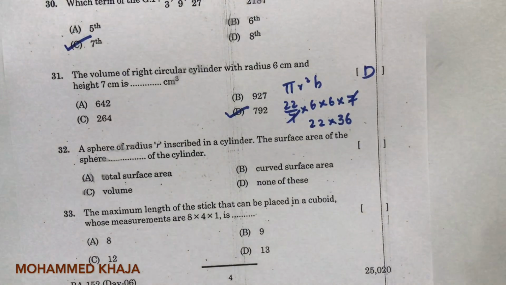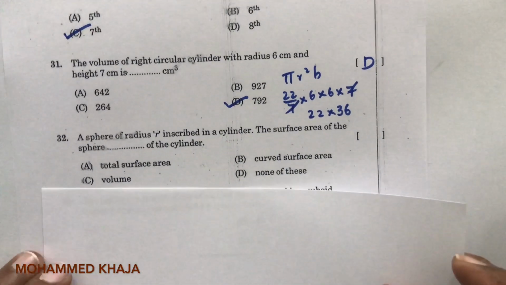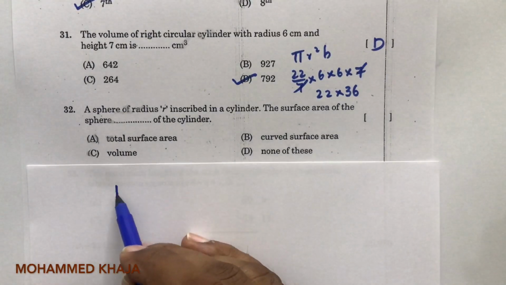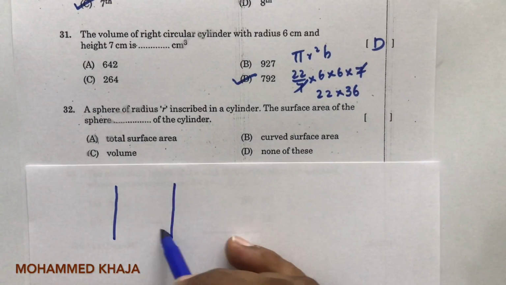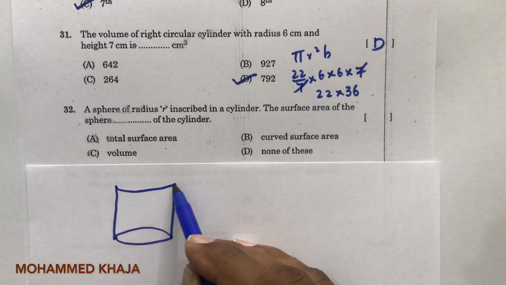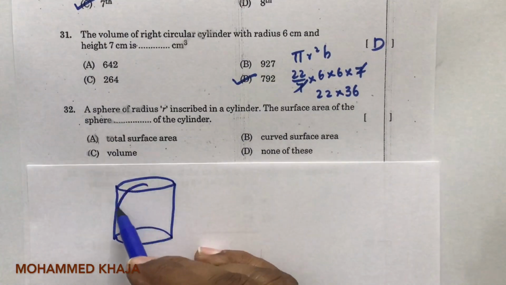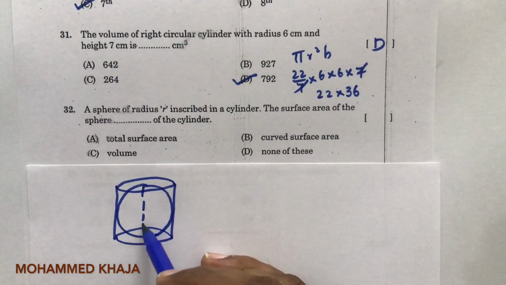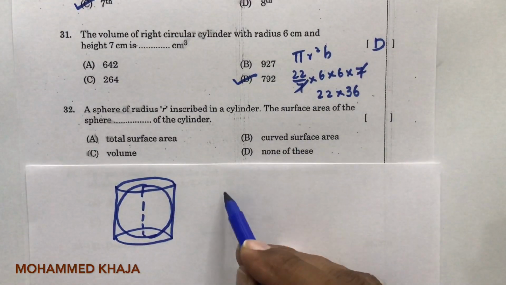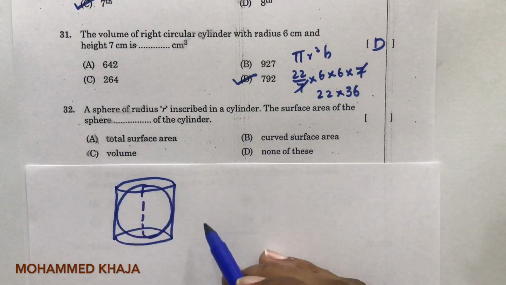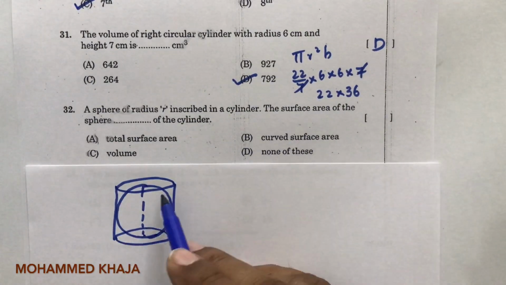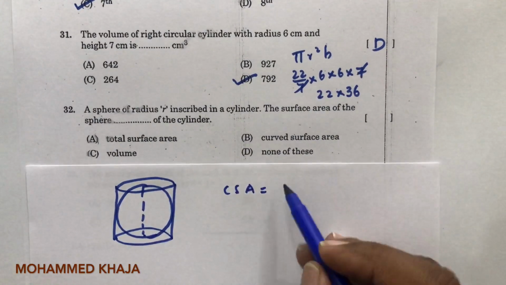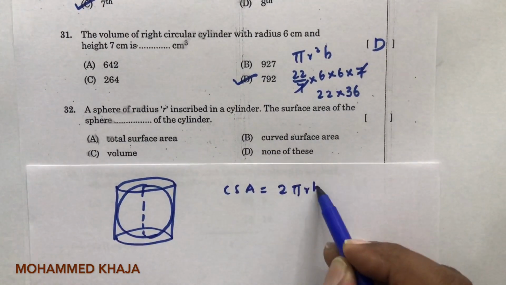If a sphere of radius r is inscribed exactly in a cylinder, then the surface area of the sphere is equal to, try to find the curved surface area of the cylinder. Curved surface area of a cylinder is 2 pi r h.